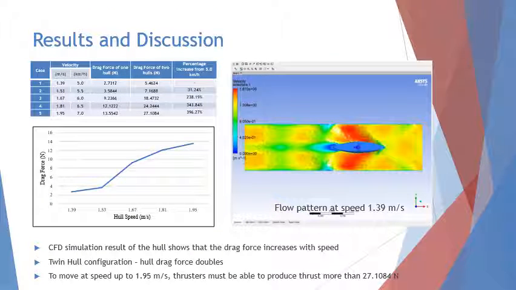As for the CFD simulation of hull, it shows that the drag force increases with time. It is also found out that with twin hull configuration, the hull drag force doubles. To move at speed of 1.95 meter per second, the thruster must be able to produce thrust of more than 27.1084 Newton.